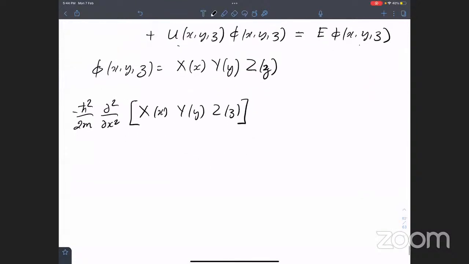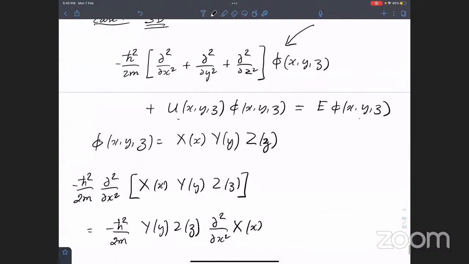This is going to give me minus h bar squared by 2m. Y of y and Z of z will just come out, and I'll have the partial of capital X, like this.